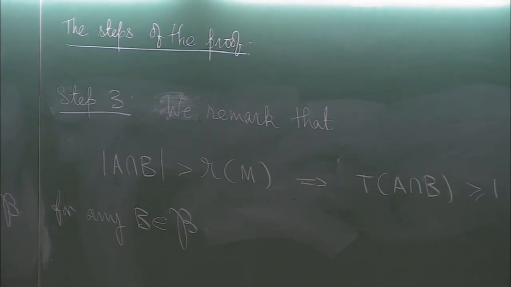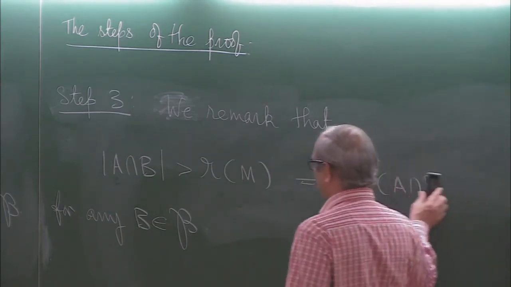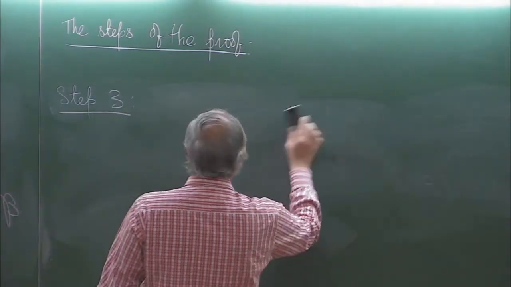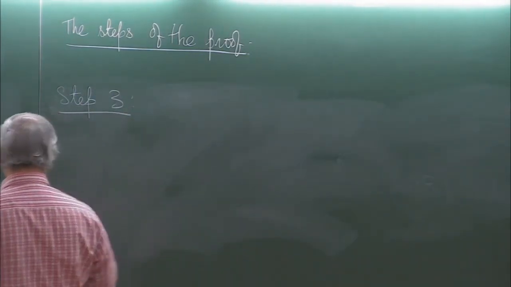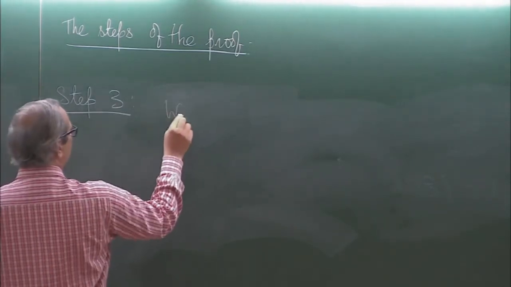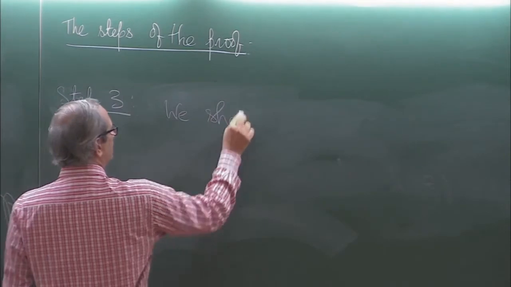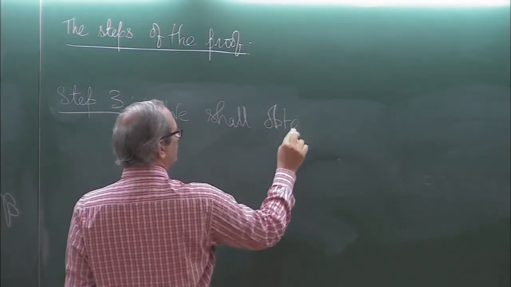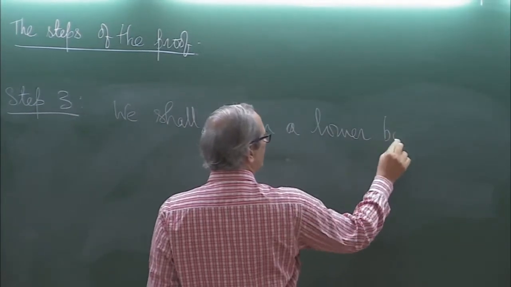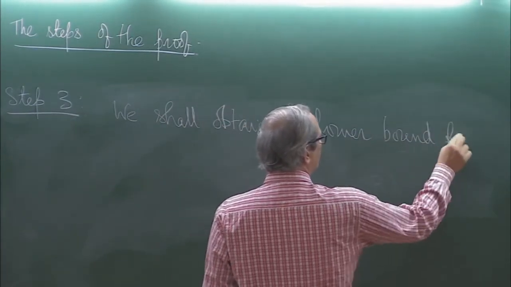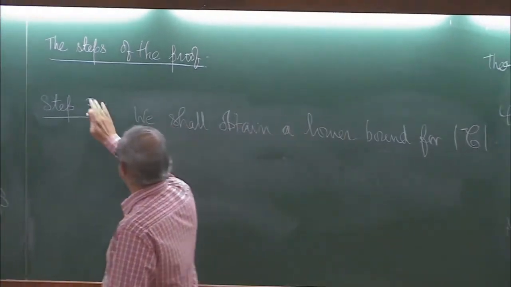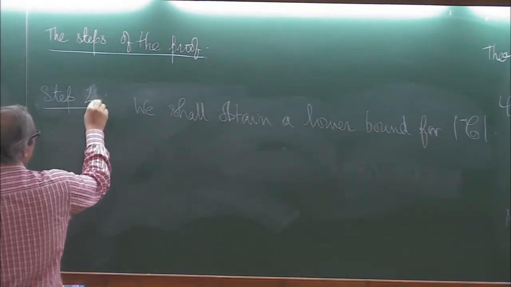So to do that, we will have to look at the sum. Step 4 would be to consider the sum, so we shall obtain a lower bound for the cardinality of the family C, and this would become step 4.